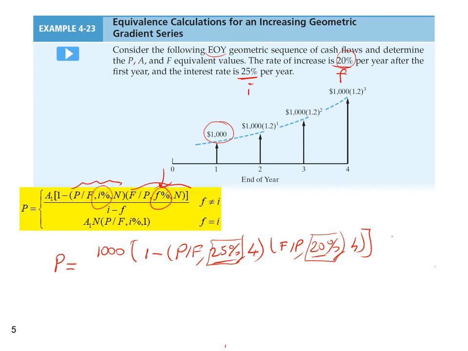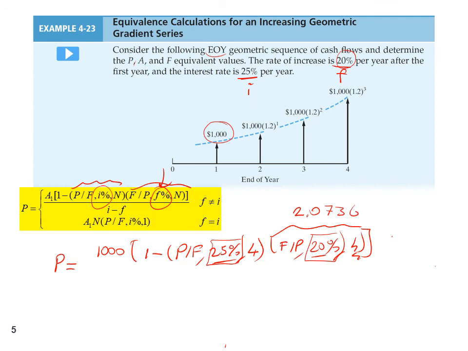In order to find this value, just go to your book. At the end of your book, find the table with 20% interest rate. For 20% interest rate, go to the number of periods 4 and F given P, number of periods 4. Please check it. You should find that it is 2.0736.